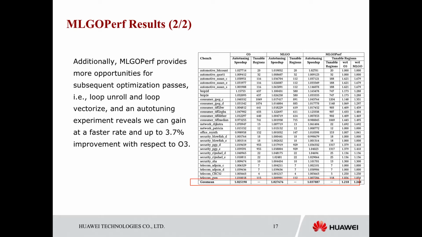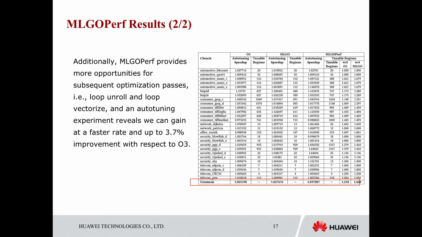We decided to use 3 versions: vanilla O3, MLGO version, and MLGOPerf version, and see what happens to the subsequent passes when we apply that specific inlining at each method, and at the end, what happens to the final binary that's generated.